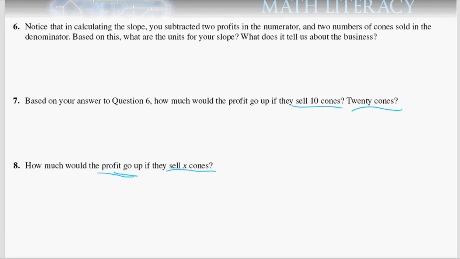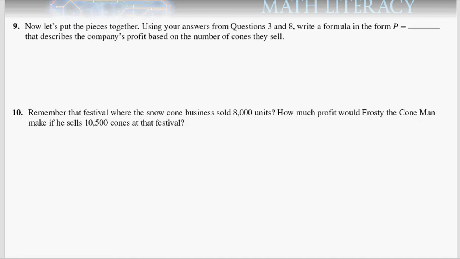Talking about profit, how much would profit go up if you sell 10 snow cones, 20 snow cones? Whatever you did to calculate those answers is what you want to do in question 8. You just want to show that you're going to do it to X. So the answer to question 8 is an expression. It's not actually a number.